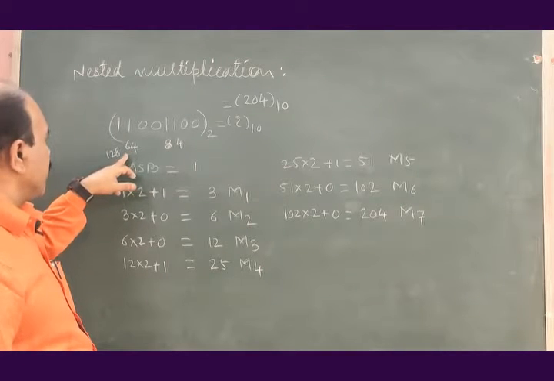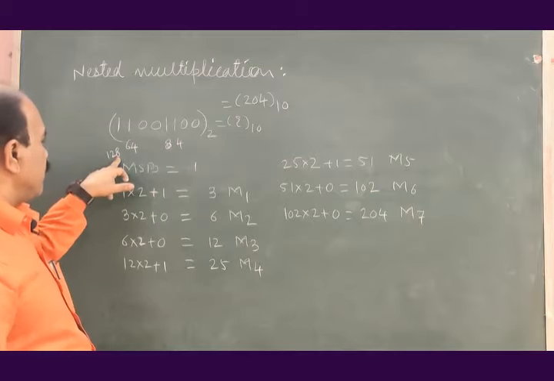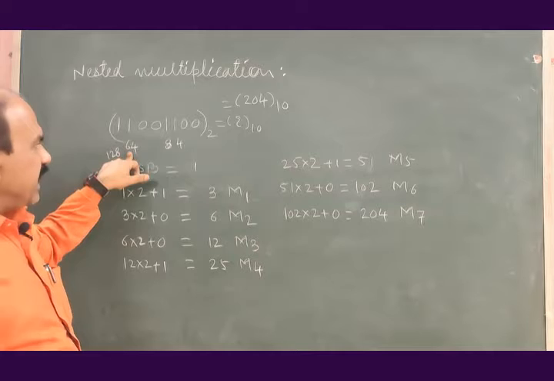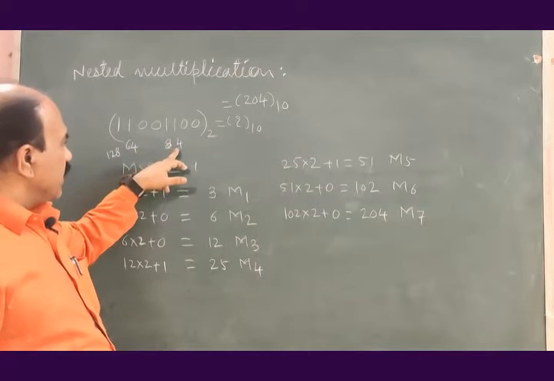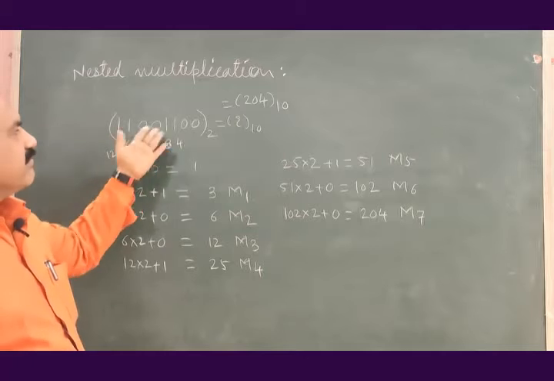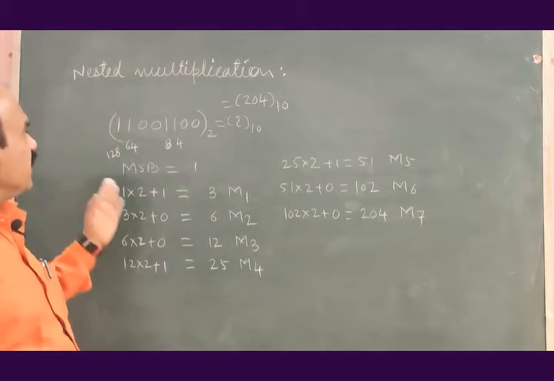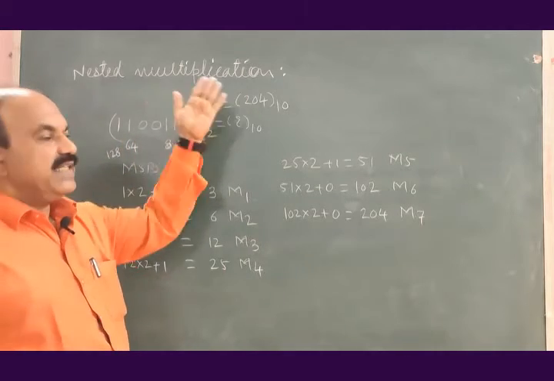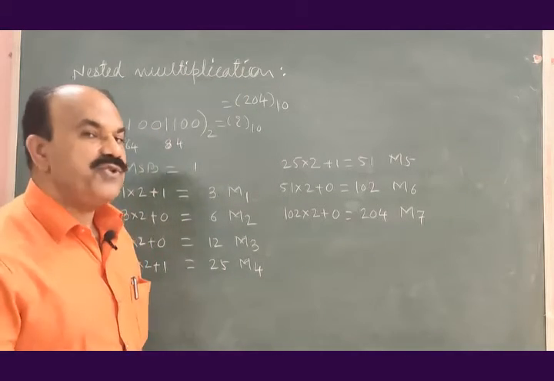This is 8 plus 4, 12, 12 plus 60, 192, 196, 204. Correct. So using nested multiplication method, we have converted this binary to equivalent decimal. Let us go to other examples.